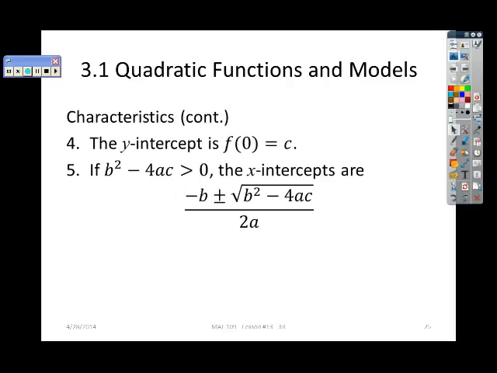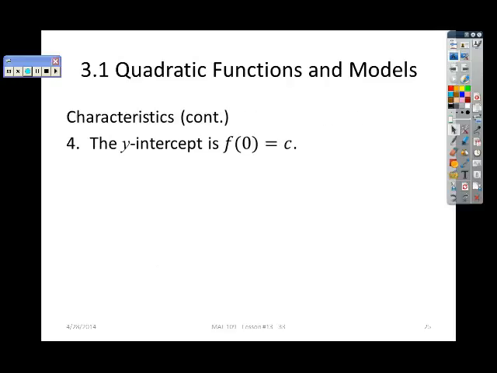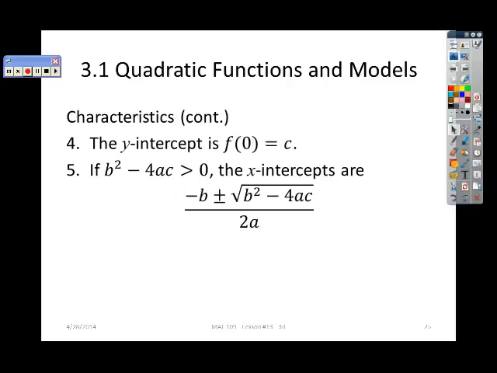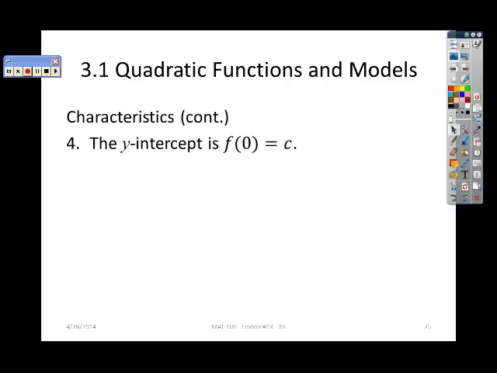A couple of other things. If you look back at the original one, up here, ax squared plus bx plus c, this comes from the quadratic formula: b squared minus 4ac. If that's greater than 0, that's where your graph crosses the x-axis. In other words, the solutions to the equation are always where it crosses the x-axis. So if you solve that quadratic equation equal to 0 from the standard form, you get x-intercepts.